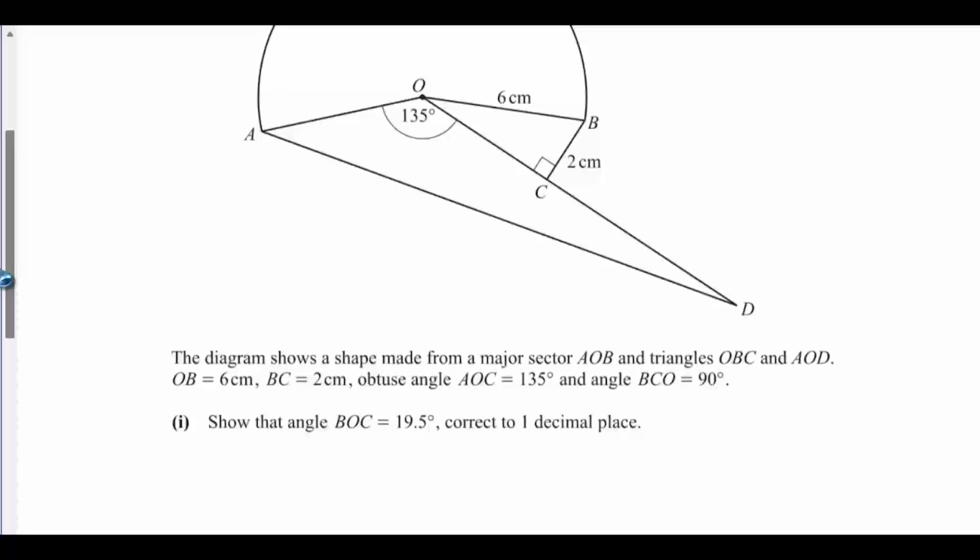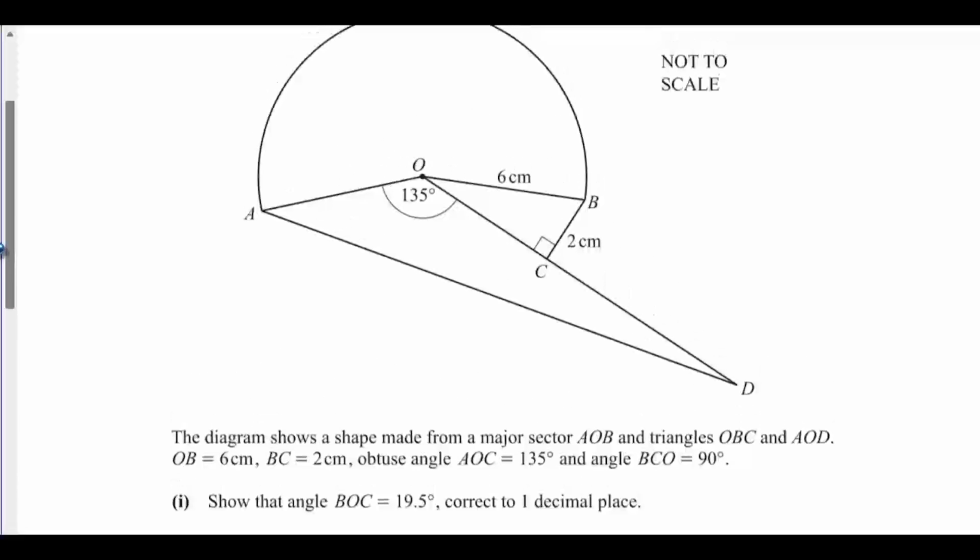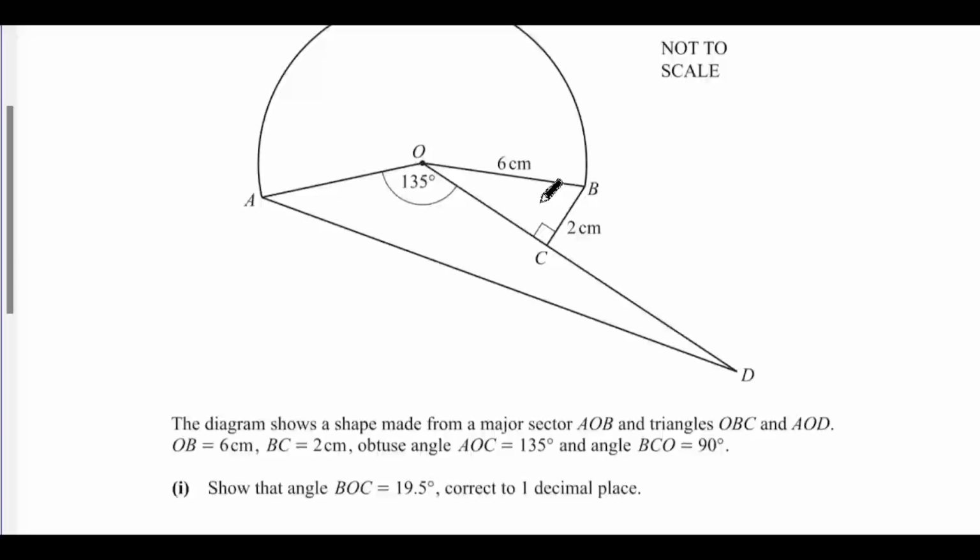From triangle OBC here, we have a right-angled triangle. So we can easily use sine to get this angle here. This is theta, which is what we want to get. So sine theta equals 2 over 6, that is opposite over hypotenuse, which equals 1 over 3.